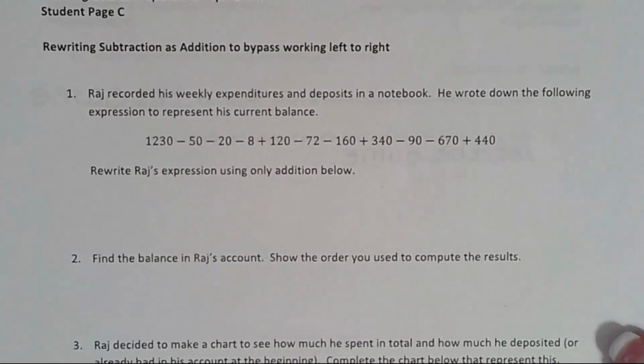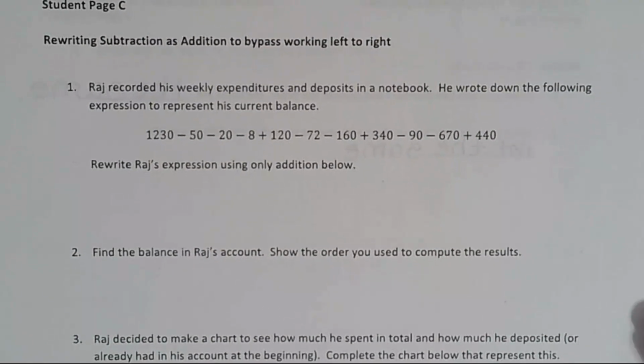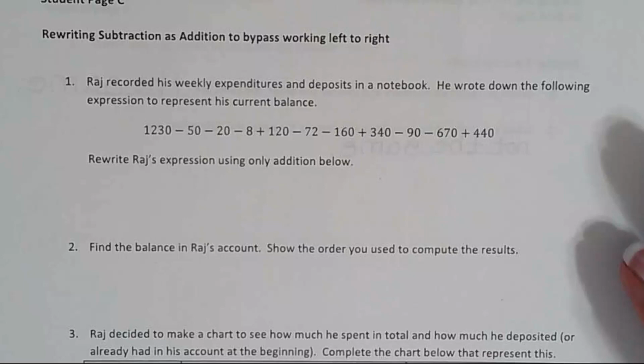So Raj recorded his weekly expenditures and deposits in a notebook. He wrote down the following expressions to represent his current balance. Rewrite Raj's expression using only addition. And there is a question on your test. I can't remember if it's on your quiz, but I know it's on your test that says rewrite each.